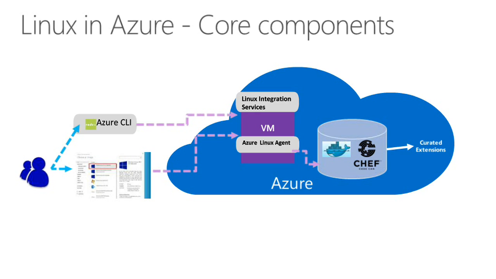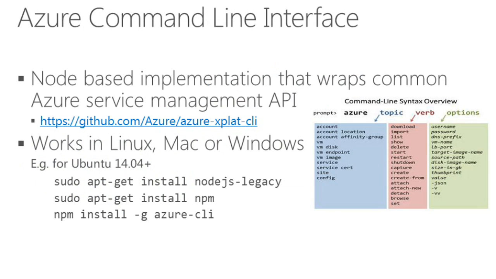Again, we'll talk about it in a bit more detail here. So Azure command line interface, Linux integration services, and Azure Linux agent. These are the 3 key components that you should know about and make sure that you have them configured properly. All right, so let's talk about Azure command line in a bit more detail.